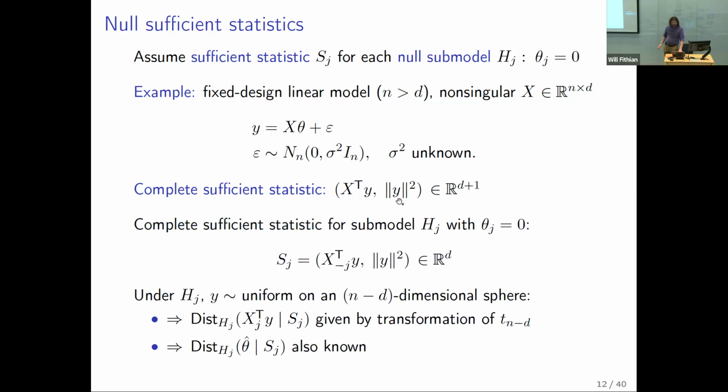Okay, so that's for the full model. For the submodel, where I assume that theta j is equal to 0, I have a sufficient statistic with one less dimension. It's the same statistic, but for the model with that variable left out.